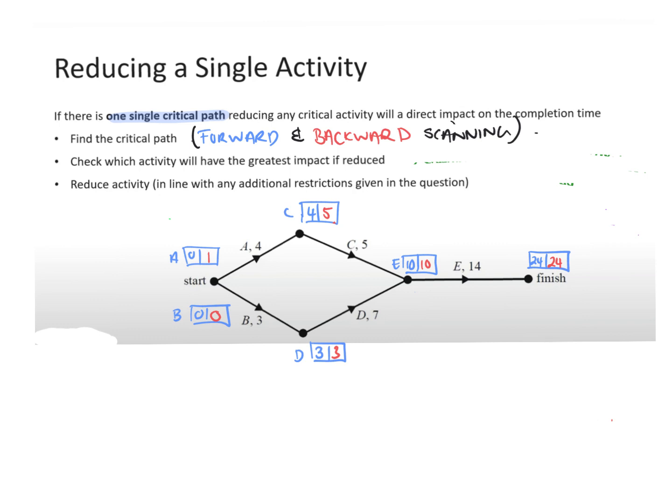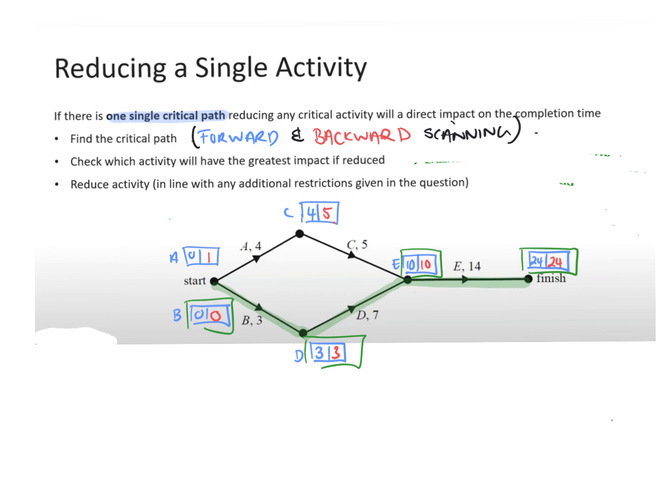The critical path, remember, is the one where the numbers are matching. So the critical path goes from activity B to activity D along there.